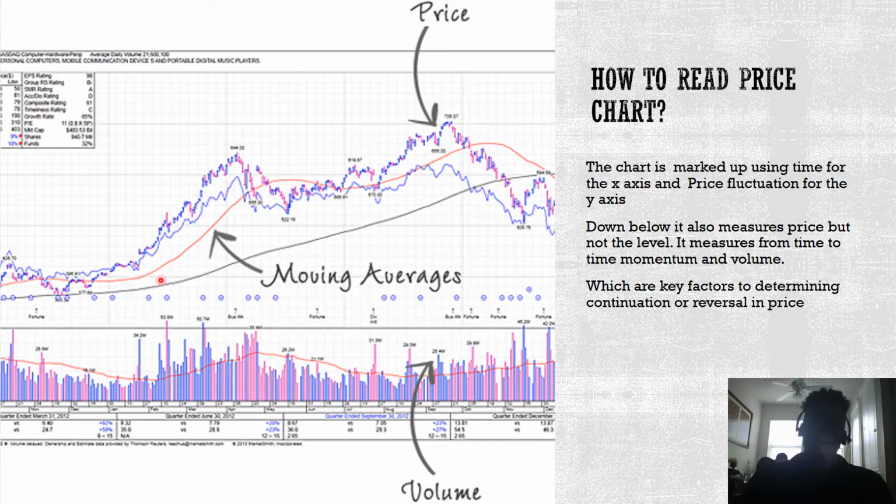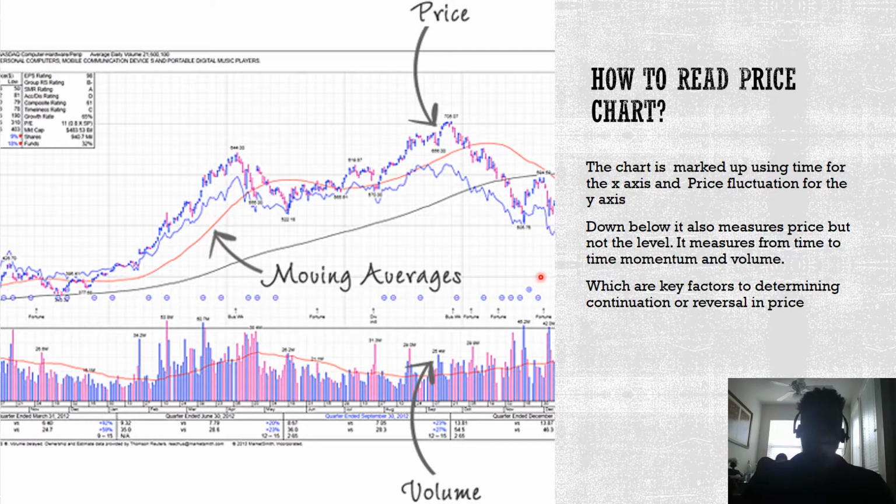So the more far away these lines are, the more stronger the market is. The more closer the lines come to, the more weaker the market is and the more susceptible that it is to reversal patterns, okay?